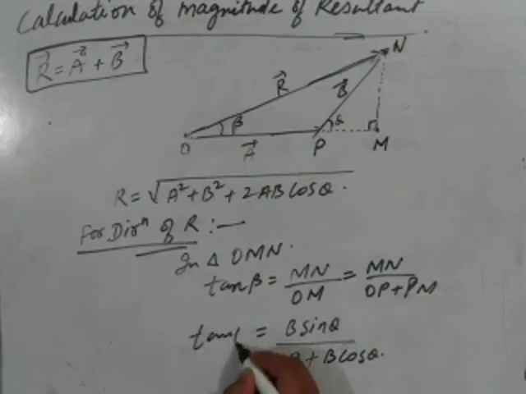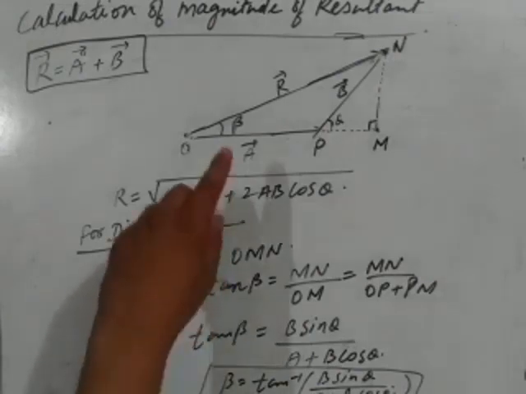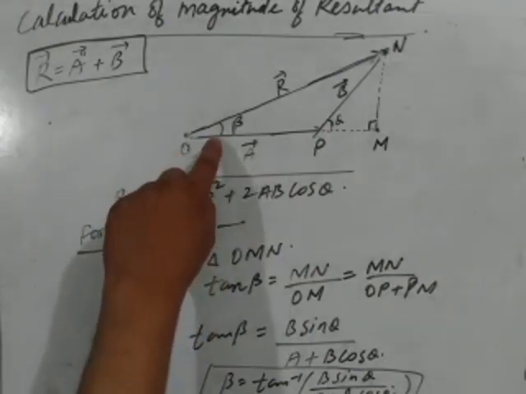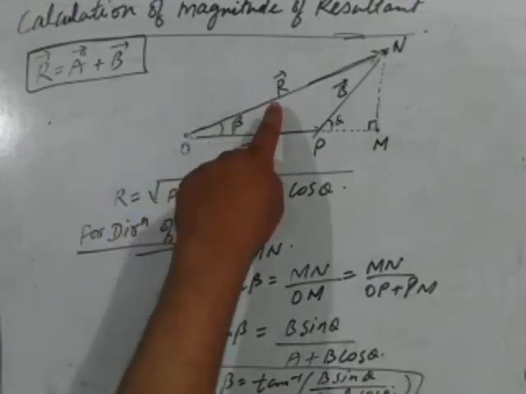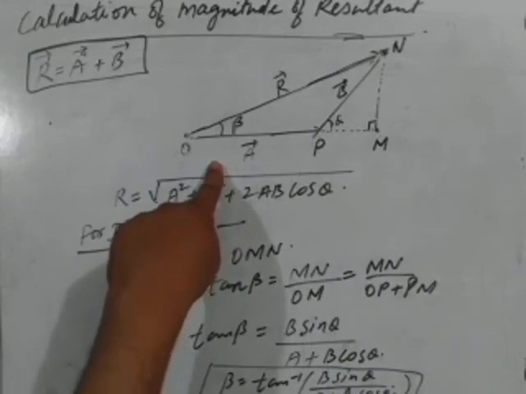So this is tangent beta, or beta is equivalent to tangent inverse of B sin theta upon A plus B cos theta. So by using this method we can easily calculate with how much angle this resultant will be inclined with the vector A or with the horizontal direction.